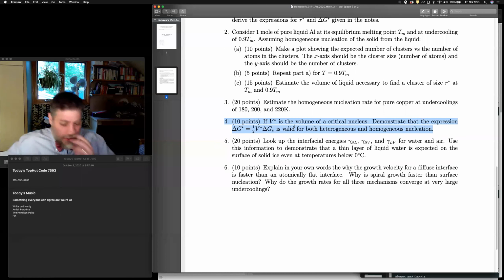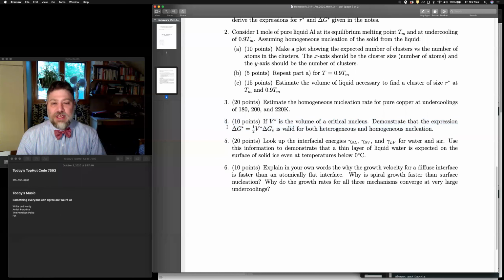But the idea behind it is really simple. So what you can do is calculate, if we just take this expression, V star here is the volume of a spherical nucleus with a radius r star. So that's really easy to plug in for homogeneous nucleation.